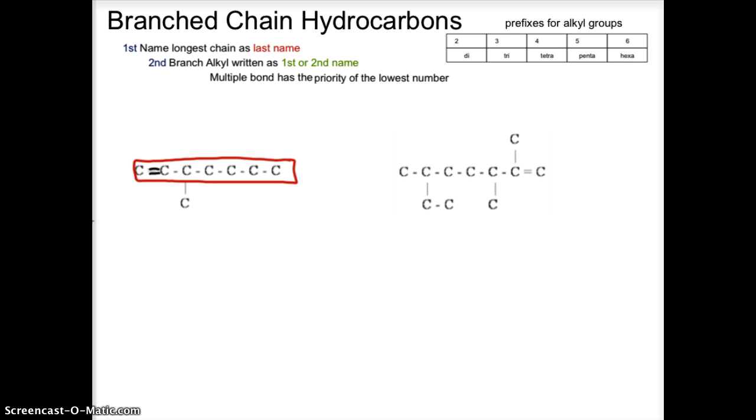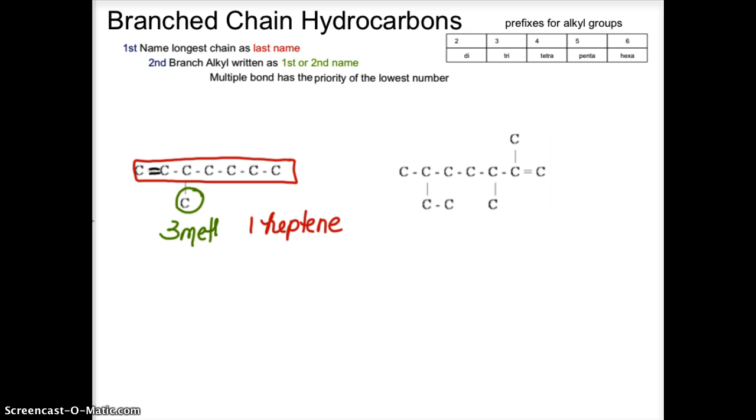So this would be 1 because the double bond is in between the first and the second carbon. And I said that there were 7 carbons. Let me just double check. 1, 2, 3, 4, 5, 6, 7. So that's 1-heptene. Now you'll also notice that there is a methyl group branching off of that, and that is on the 3rd carbon.